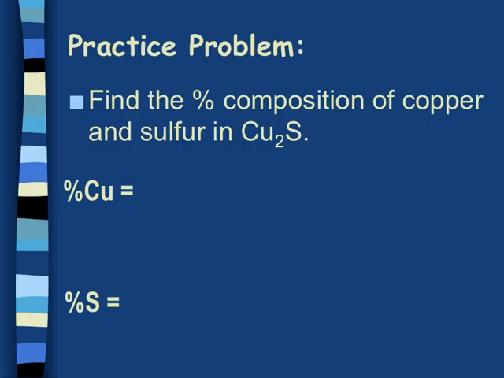So I'm going to take 2 times the 63.55 grams of copper on the top. Well, then on the bottom, I want the mass of the total sample, which is Cu2S. So now you need to take the mass of the copper and the mass of the sulfur, add them up. What is the molar mass of the whole sample?